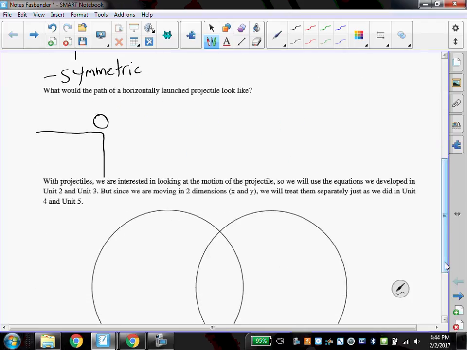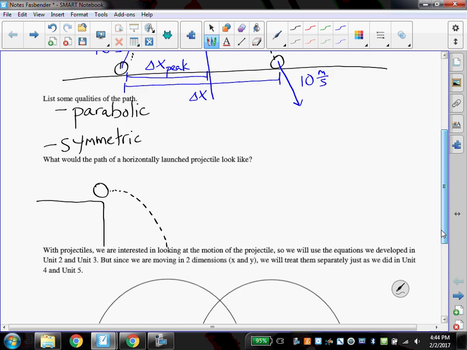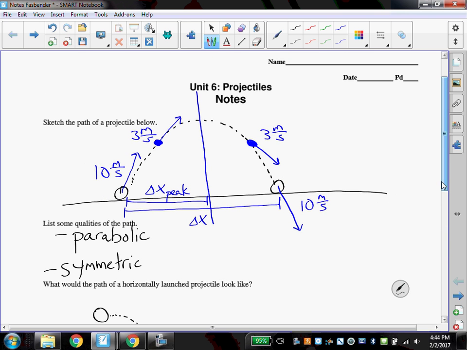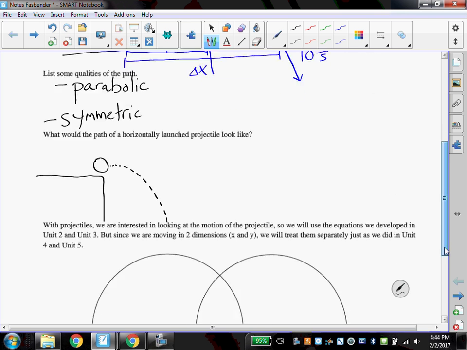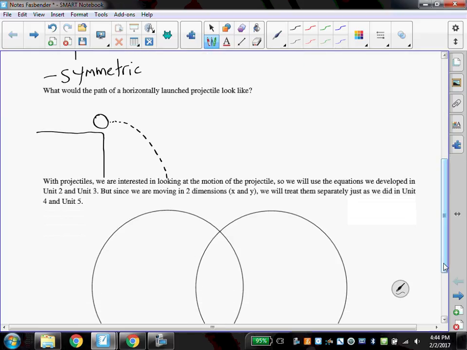Instead, if we launch it just horizontally, our path would look like the second half of the motion that we just saw. We are only going to see that we are pulled down towards the Earth because of the force of gravity. So really, we're looking at from the peak over from our original path.